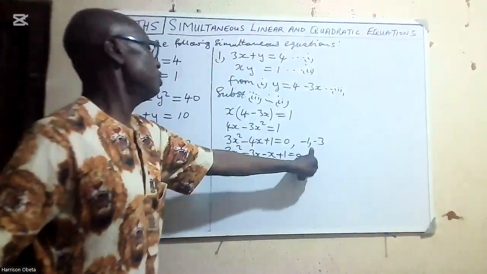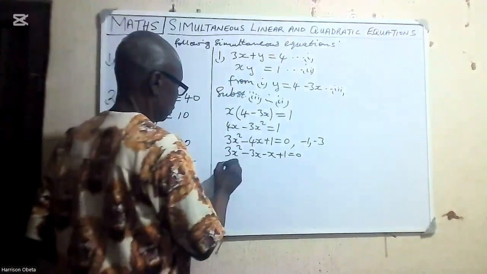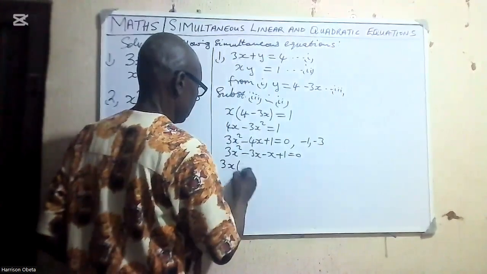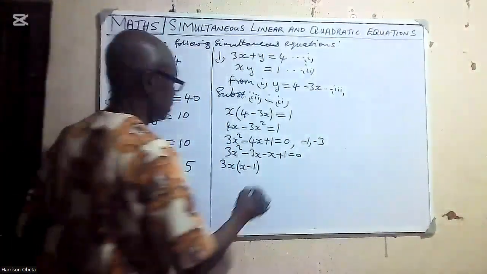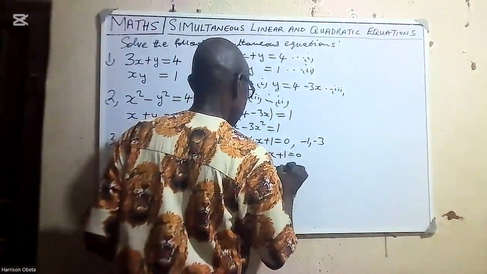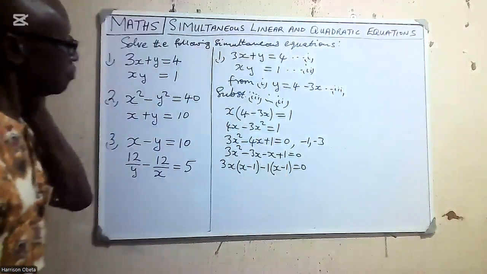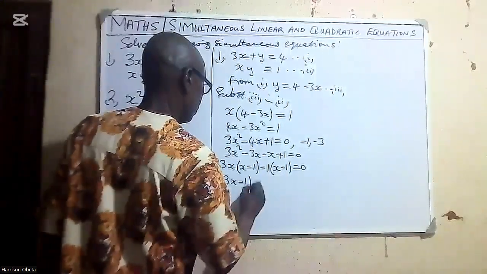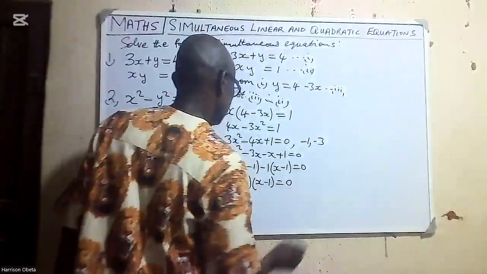As I said earlier, this will form the coefficient of the letter you have here. If you factorize, 3x is common here, then x minus 1 inside the bracket. And then that will be minus, what is common here is 1, x minus 1. So, in order to move on, bring them together. 3x minus 1 into x minus 1 is equal to 0.